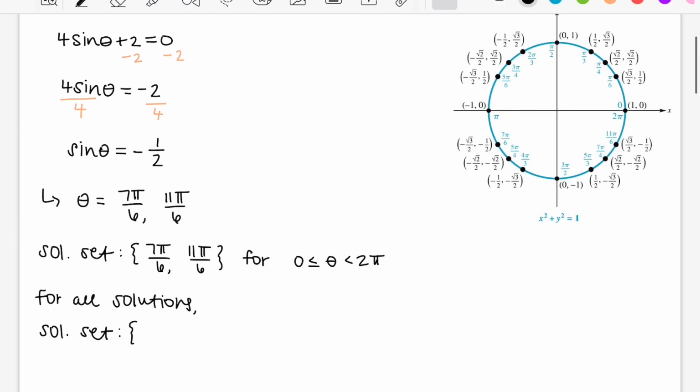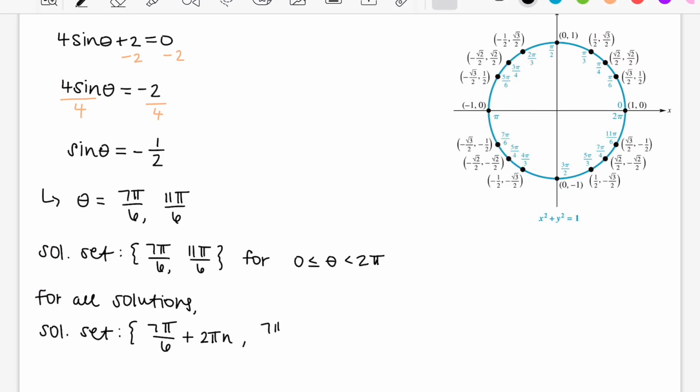So we write our solution set as the following here. We'll say it's going to be 7 pi over 6 plus 2 pi, that's one full rotation, n. And n is going to be any integer, so this is going to be any multiple of 2 pi n, or any multiple of 2 pi. So if n was equal to 1, then we would do one full rotation. If n was equal to 2, then we would do 2 full rotations, and so on and so forth.